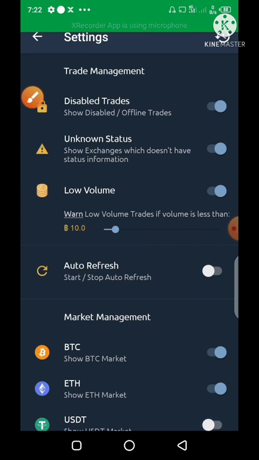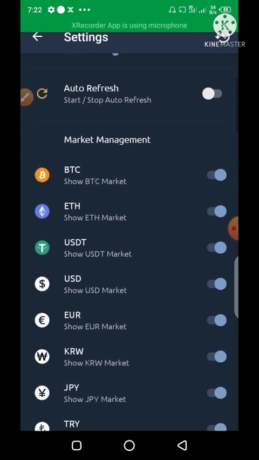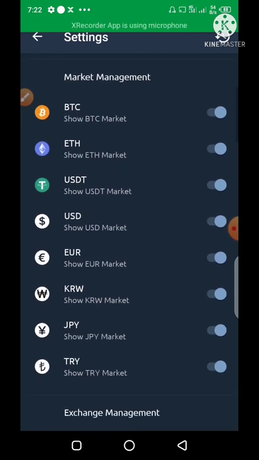I will show you the right sign you need to see before we start trading any cryptocurrency. Here is the market management, where you have the right to switch off or on any crypto you want to use in this application.